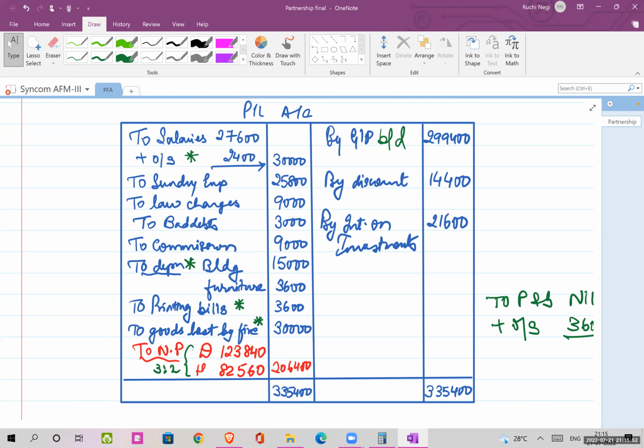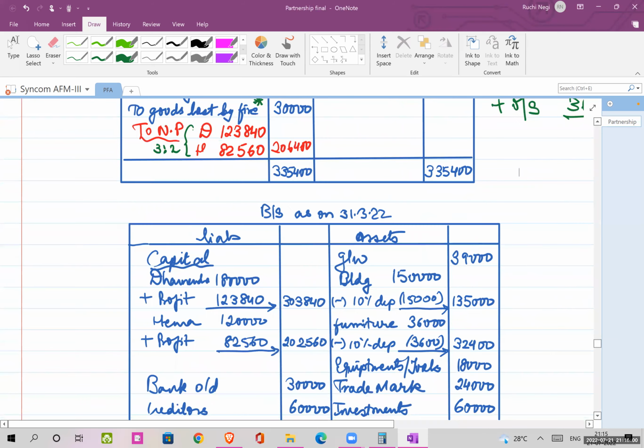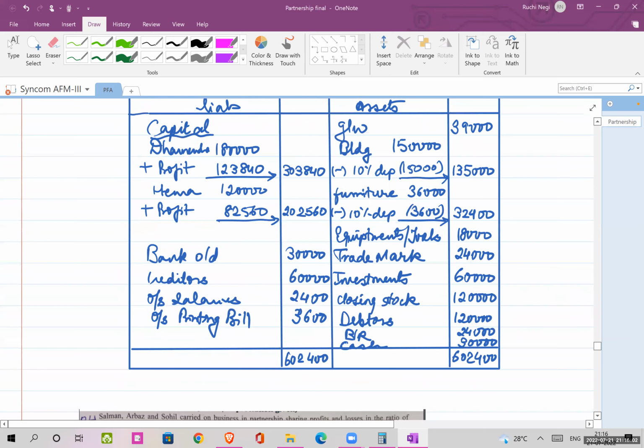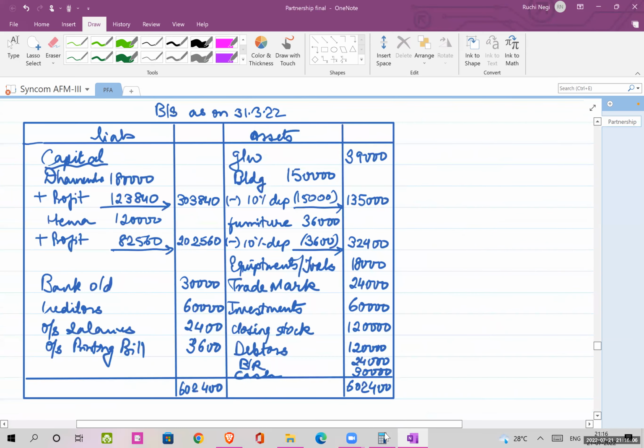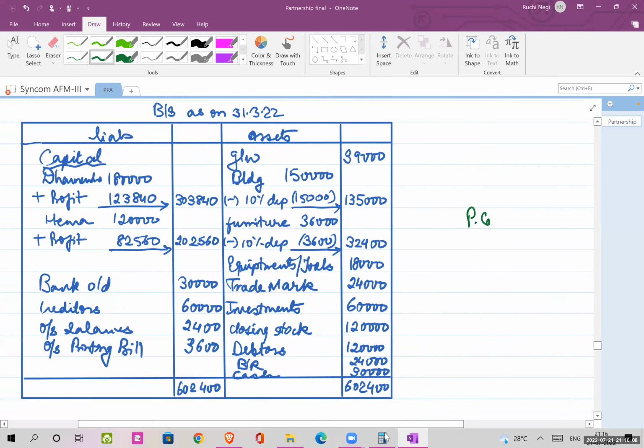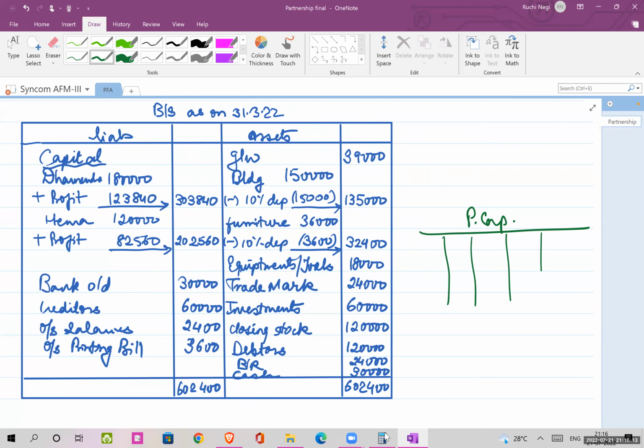Okay, and obviously Dharmendra and Hema, its second effect will be reflected in their partner's capital. Okay, if you are not preparing a partner's capital, dear, then you can show it separately also. Yeah, see, if you're making a partner's capital account, so you will make it with 2 columns, right? Dharmendra and Hema. Here also Dharmendra and Hema.